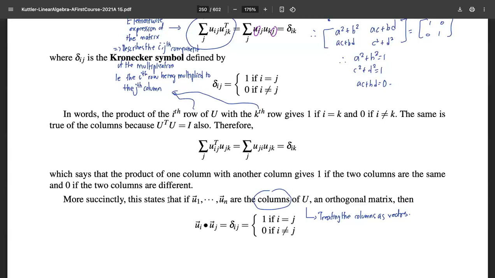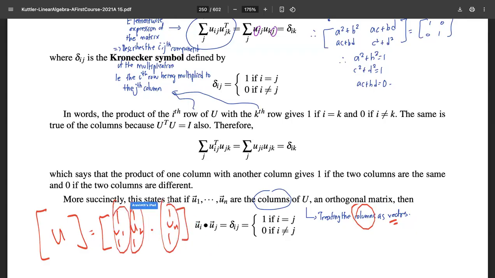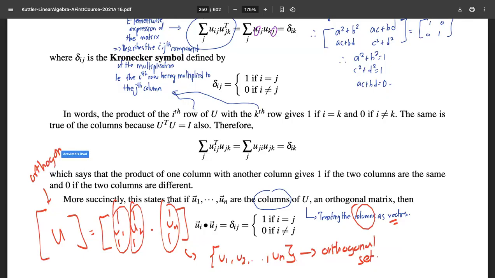If you treat each column as a vector, so if I have this matrix U, with the first column represented as U1, the second column as U2, and the last column as UN, each column can form a set of vectors. This is also an orthogonal set. So here we are building the connection from an orthogonal matrix to an orthogonal set.